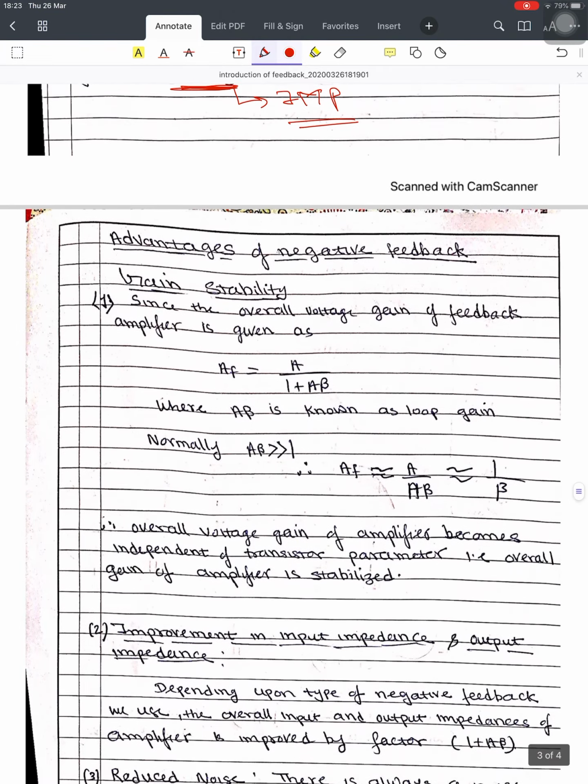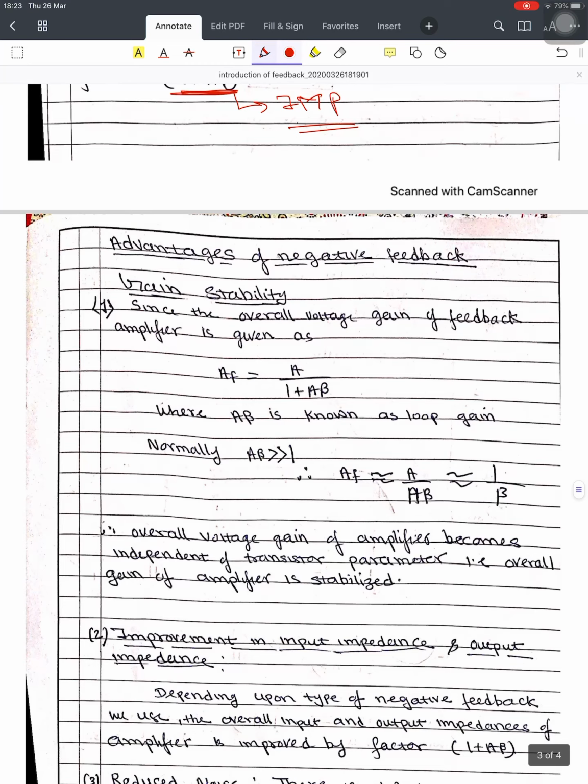Now let's discuss the advantages. The first advantage is gain stability, because the gain with feedback is given by this formula, and 1 plus A into beta is far greater than 1. So I can approximate it to A beta.